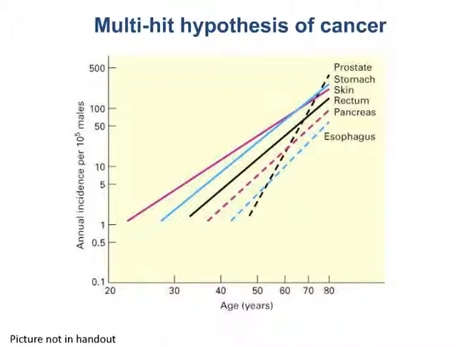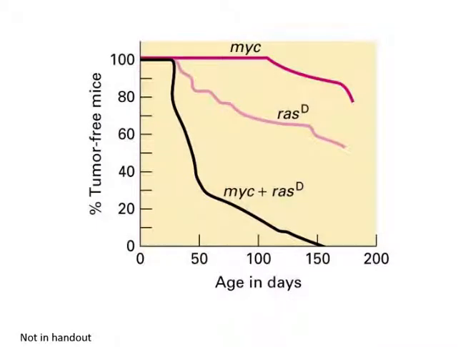Cancers of the prostate, stomach, skin, rectum, pancreas, and esophagus all show a direct linear relationship between the annual incidence in males and the age at which they are diagnosed. This kind of data supports the idea that it takes years before a cell can accumulate the right types of mutations to become malignant.